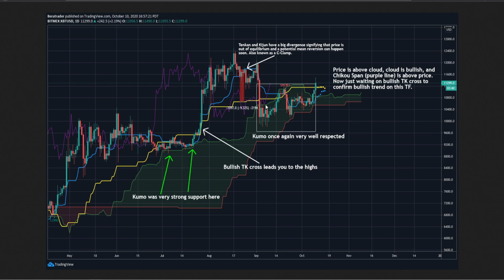So every time price came up to this green cloud, the edge of it, a lot of resistance built up, which then rejected price back down. This got you your short entry here, once you had your bearish Tenkan Kijun cross to the bottom of the cloud. And then here we exit. So this is where it changes the game a little bit.